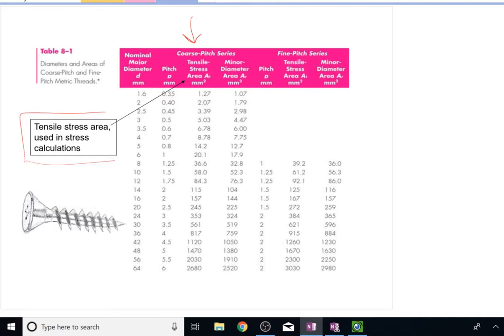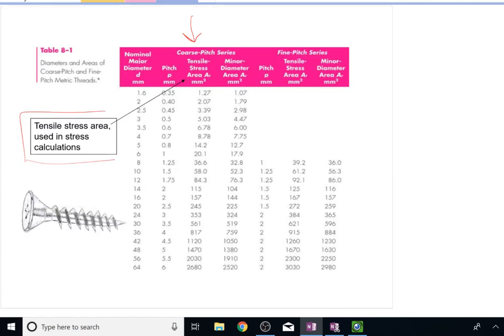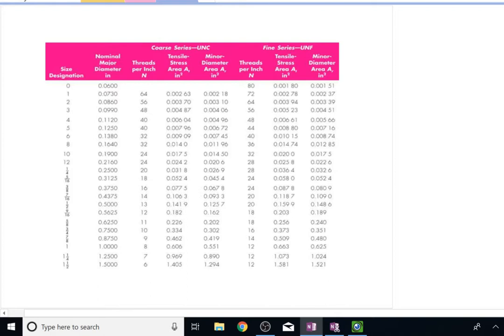Obviously you want to be able to determine whether or not your screw is going to fail, or how to design it. So that's based on size. And then same thing here, tensile stress area. You want to make sure you don't put too much tension on your threaded device.